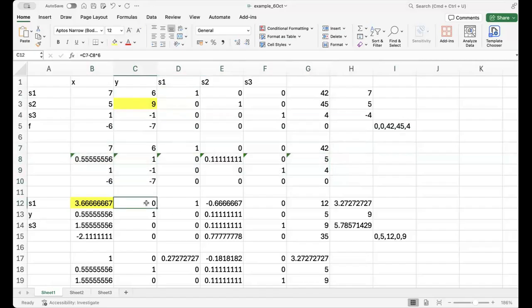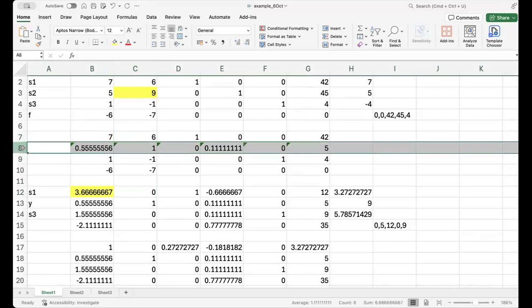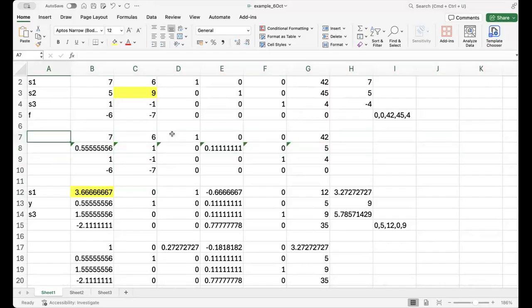And then how to make this element 0? How to do it? From this row, you subtract 6 multiplied by this row. You multiply 6 to this row and subtract the first row.